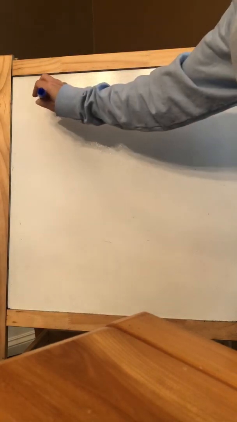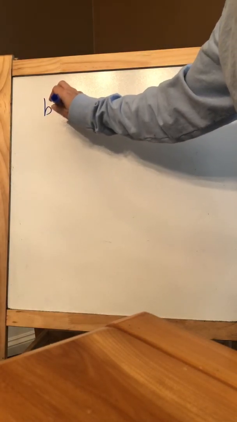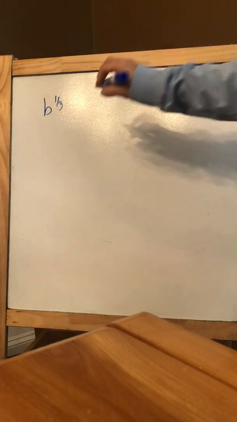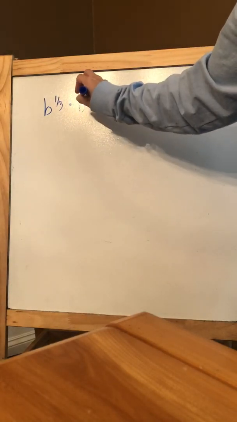Okay. Example 4, down at the bottom of page 607. We're going to multiply exponents. All right, so we have b to the 1/3 times b to the 5/3.